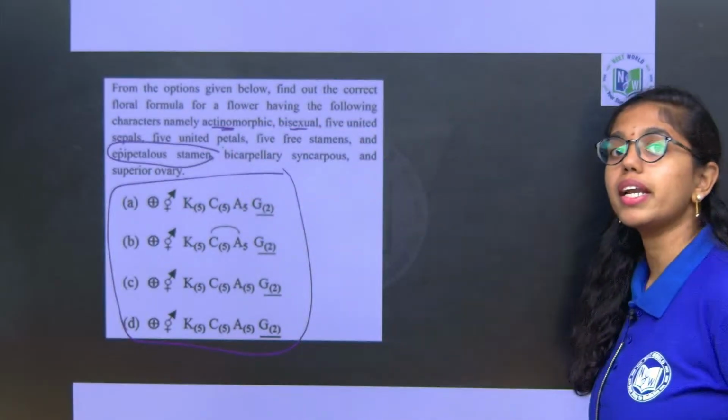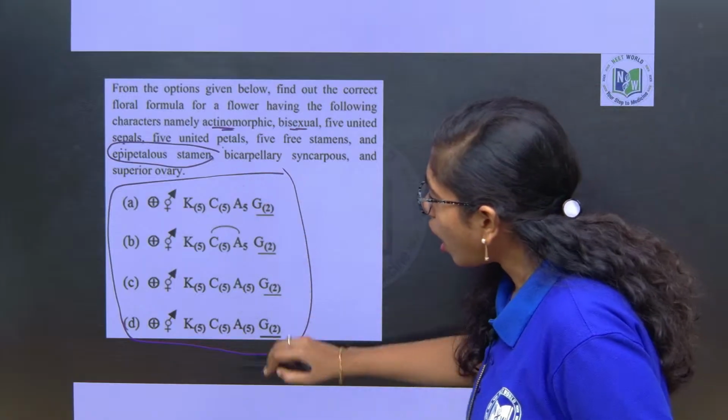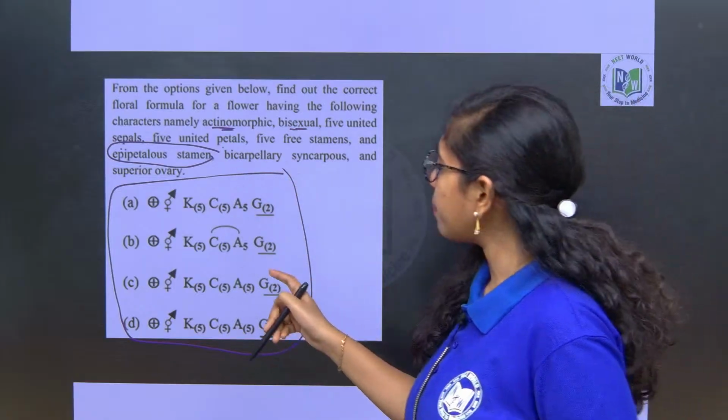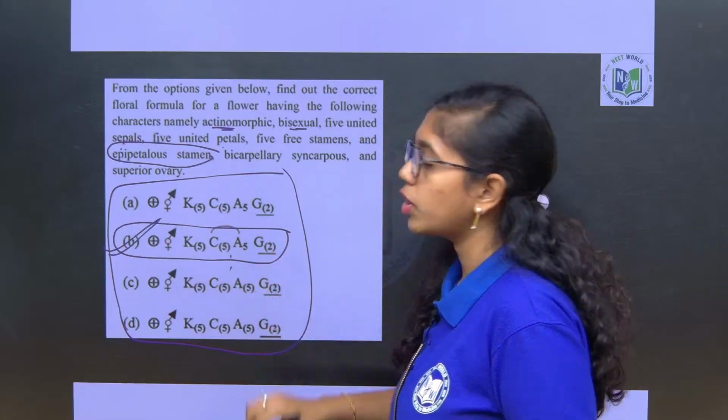Epipetalous condition, immediately which family should strike your mind? Solanaceae. In all these floral formulae, you can see the epipetalous condition here. So just by looking at that, you can go with option B.